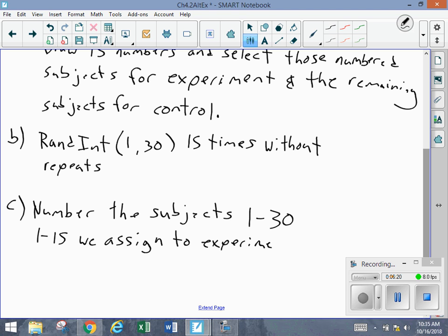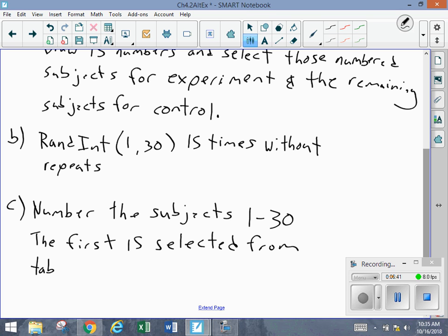Oh, I'm sorry, no we're not. So the first 15 selected from table D will be in the experiment group.